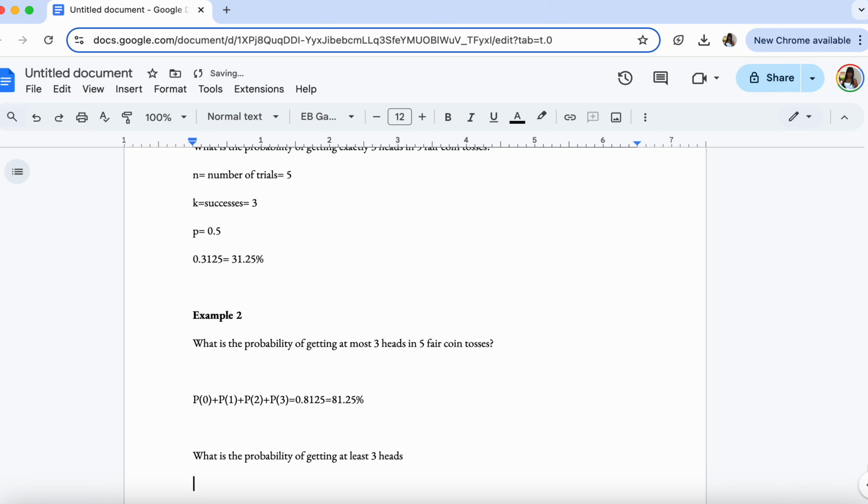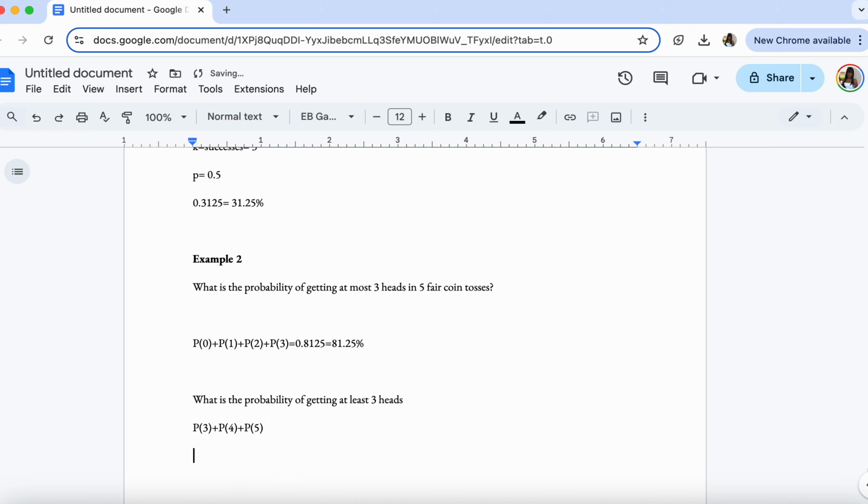At least 3 heads really means probability of 3 plus probability of 4 plus probability of 5. Now, the way the calculator reads is from left to right. It's cumulating the numbers from 0 all the way up to whatever your k value is.